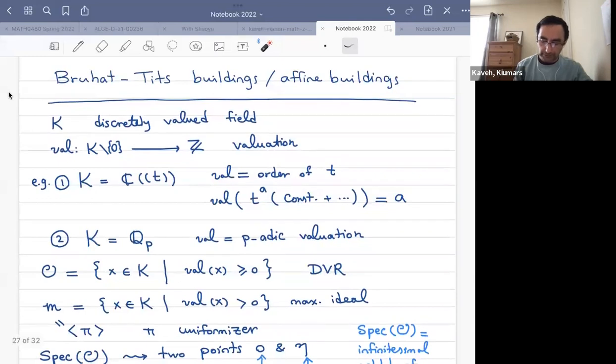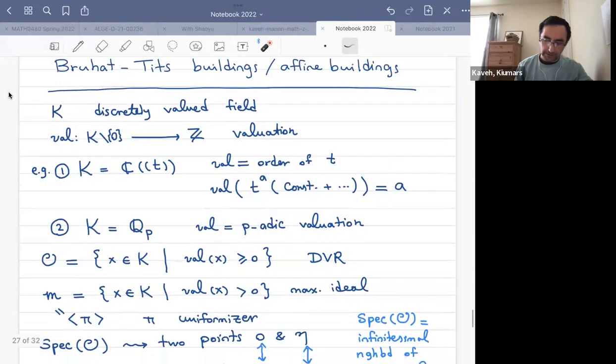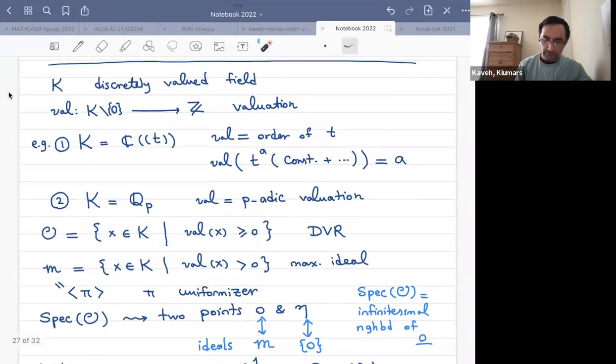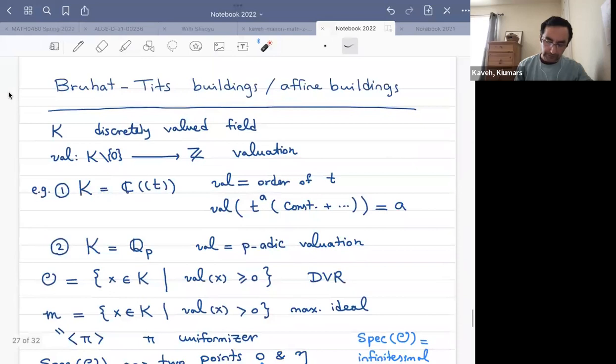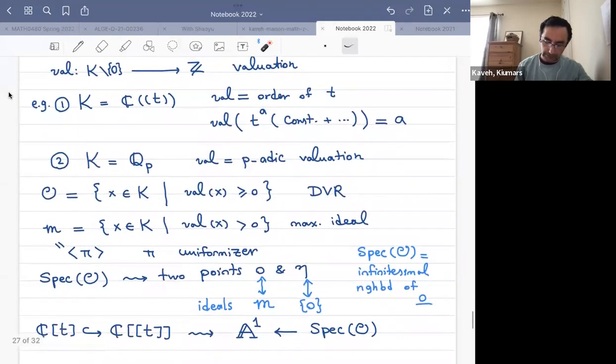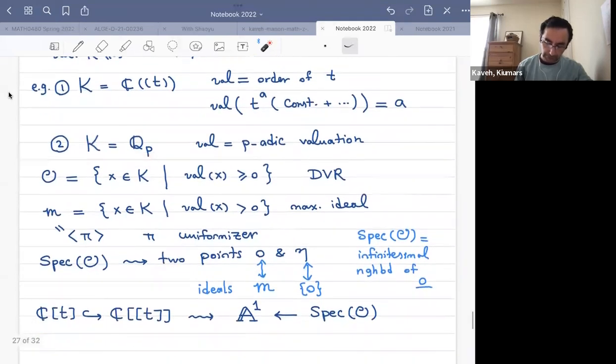Here, each apartment is an affine space or triangulation of affine space. So the setting is, instead of a reductive group over a field, you have a reductive group over a discretely valued field, such as formal Laurent series or a p-adic field, and so on.